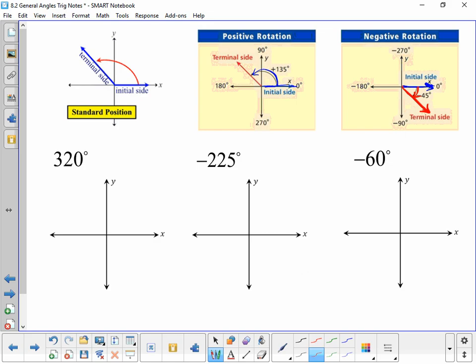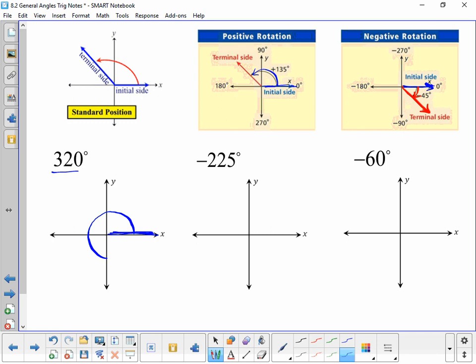So I want to sketch a couple more for you. If I wanted to sketch the angle 320 degrees, my initial side would be here, and I would rotate that angle up. This would take me to 90 degrees, keep going to 180 degrees, keep going to 270 degrees.